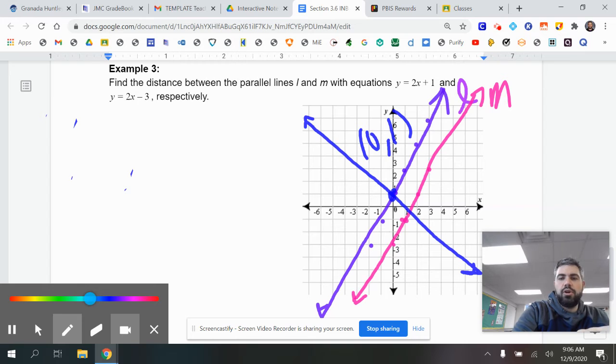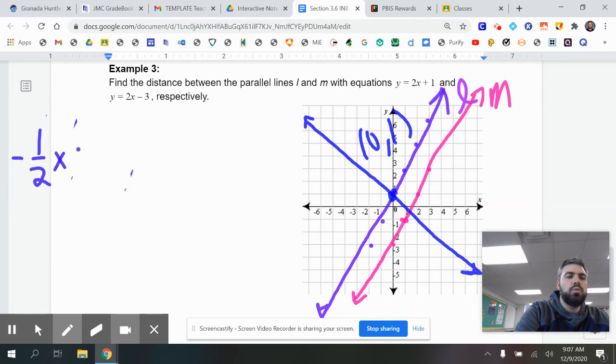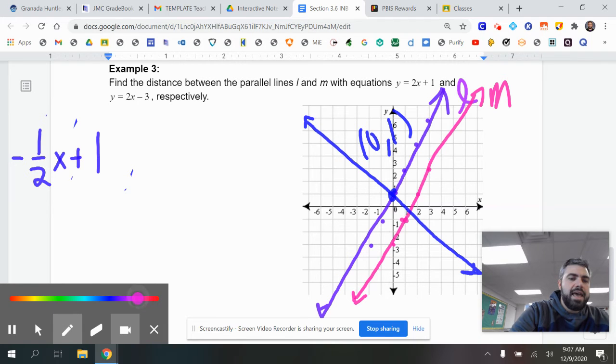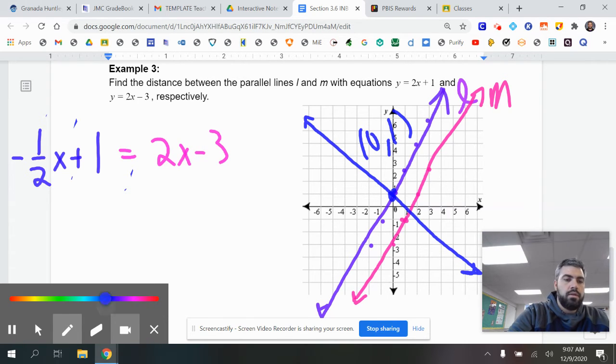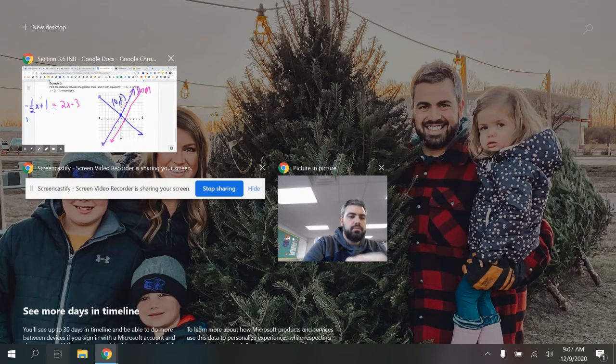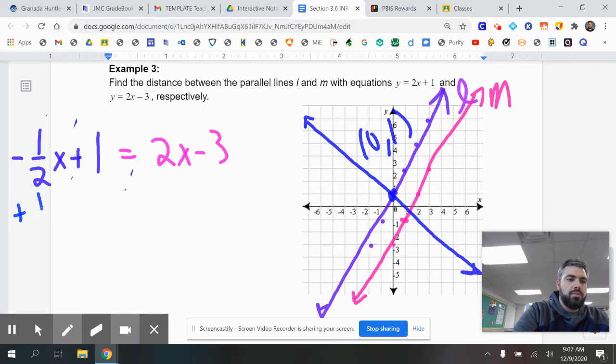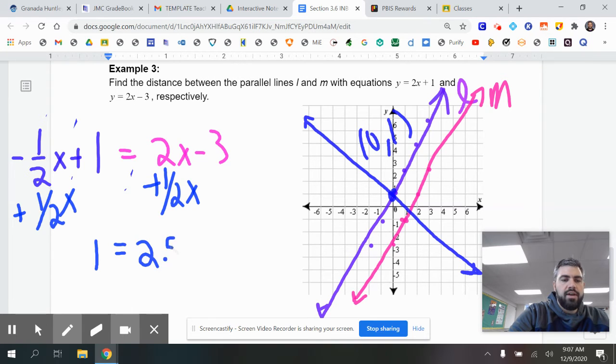And so we'll say, okay, our new line, our blue line, is -1/2 x plus 1, and our line M is 2x minus 3, right? So I'm going to add 1/2 x to both sides, and I get 1 equals 2.5x minus 3.